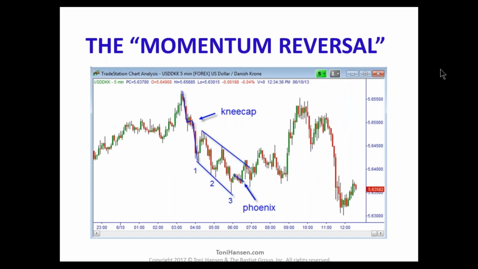So here's one example of where we have it on the Danish krone, and it's a very clear-cut pattern. We have the leg to the downside, the kneecap, and another move down. And this example, you guys, is from 2013.